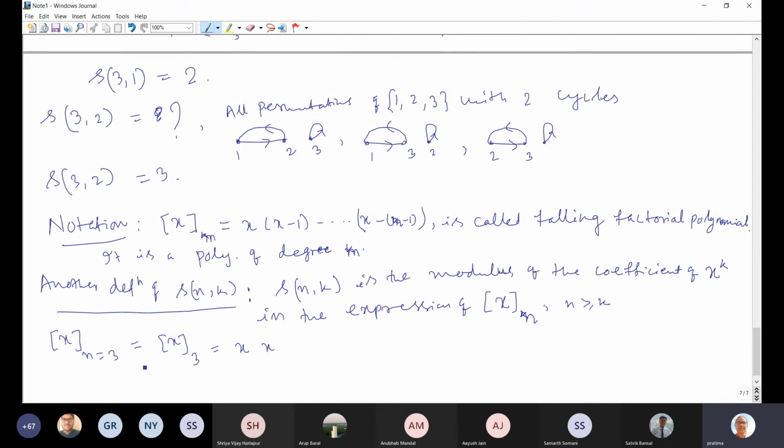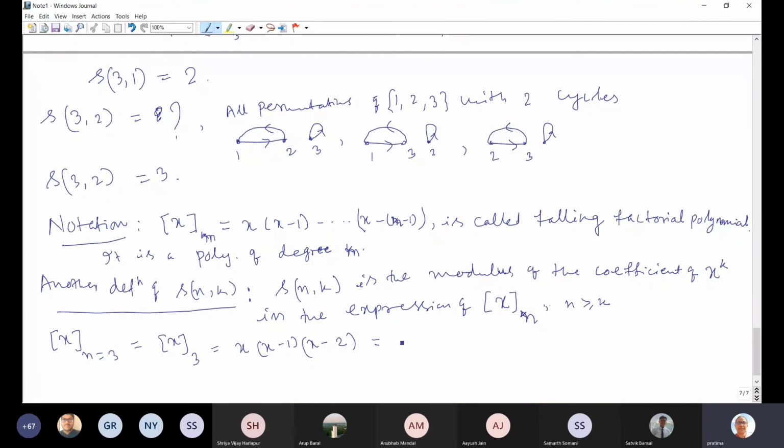So when n equals 3, this will be x into x minus 1, and going up to x minus 2. This is your falling factorial x^[3].